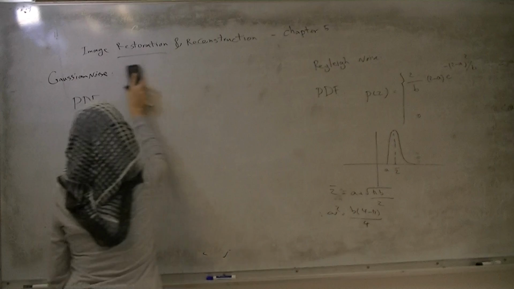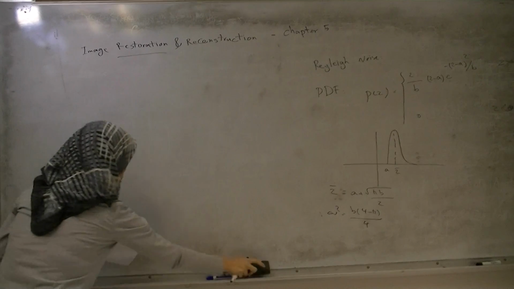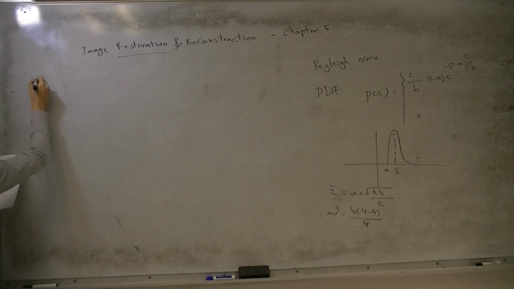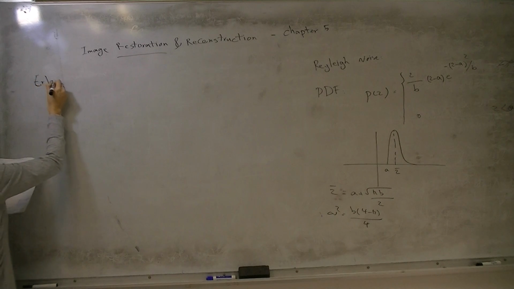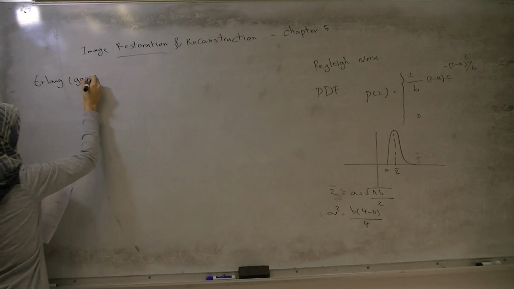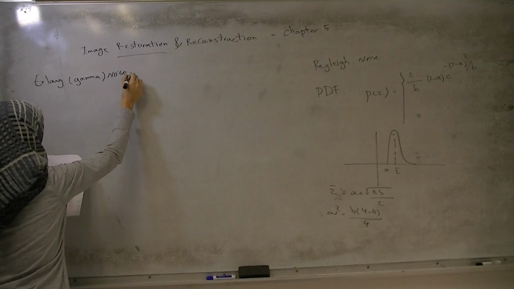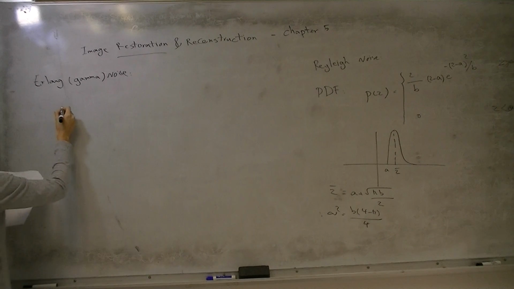The next noise is the Erlang or gamma noise, whose PDF is given here.